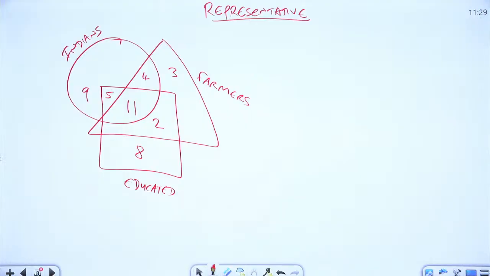Okay. Yes, SSC CGL alone and Kongsai. Kongsai is giving me a different answer altogether. How many Indian farmers are educated?